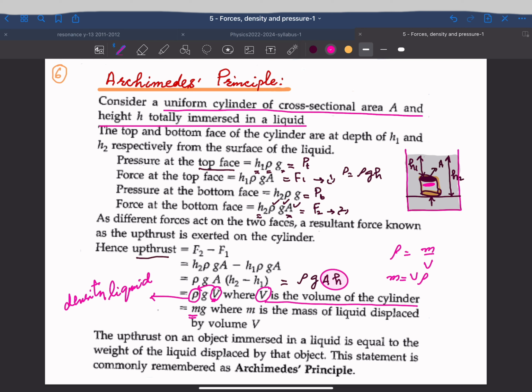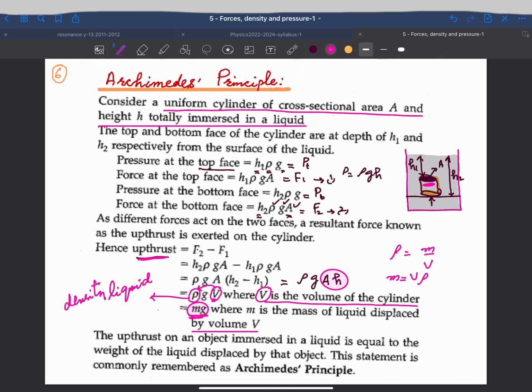So what is the mass, or mass of what? Simply mass of the liquid. And when you consider this G with this mass, you will get the weight of the liquid. So simply you can say that the upthrust is nothing but the weight of the liquid displaced by the volume of the cylinder. So this is very important.